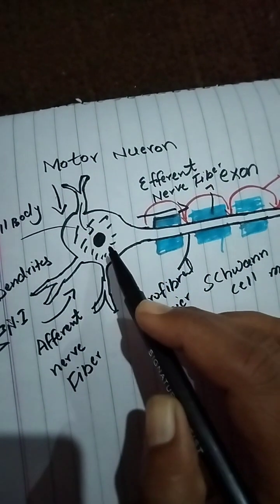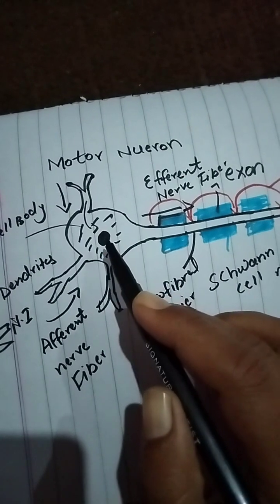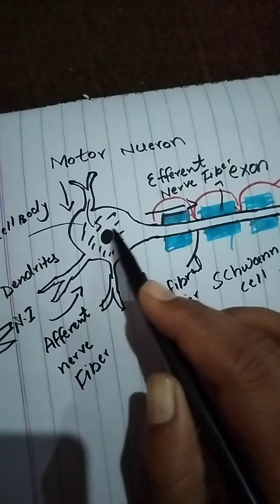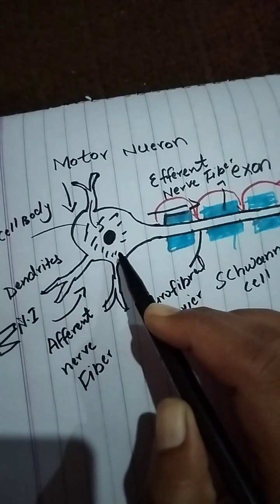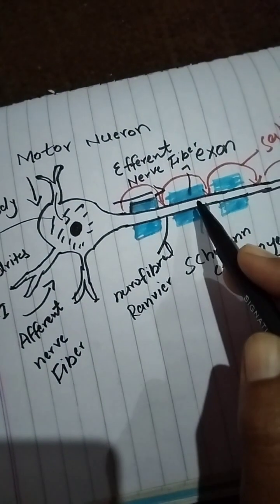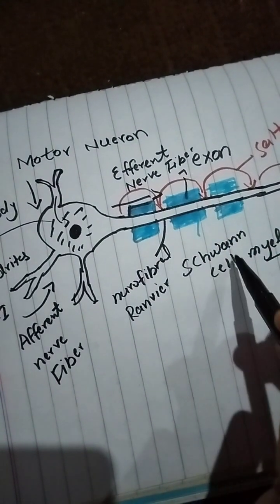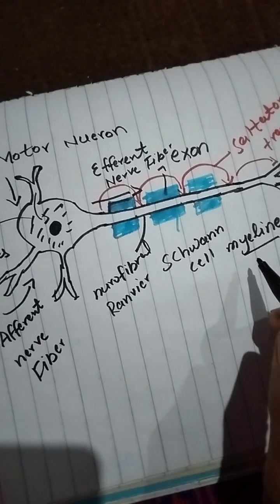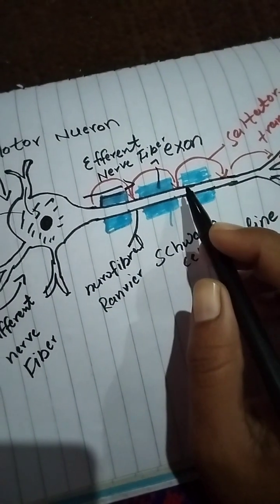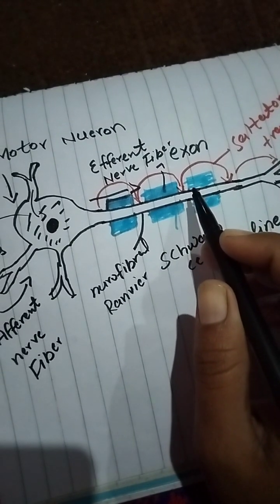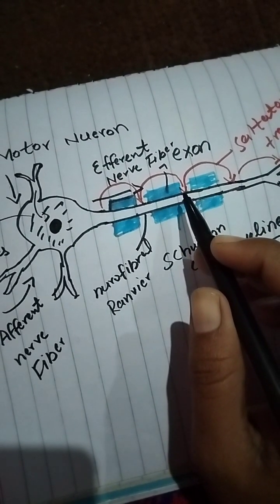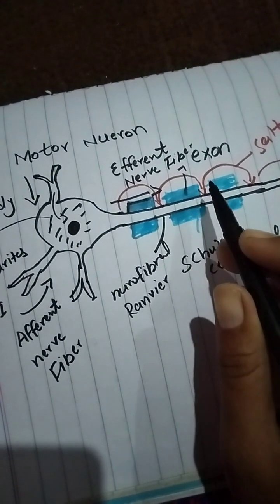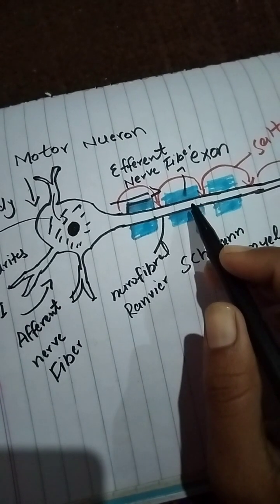The cell body consists of the nucleus, rough endoplasmic reticulum, granules, and cytoplasm. The axon consists of Schwann cells that secrete myelin. Myelin is a fat that protects the axon from damage, heals the damage of the axons, and nourishes the axons.